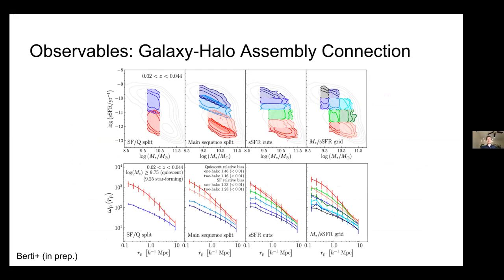So the summary of this, if you look at, say, the second column, is if you split galaxies in the main sequence, those that are more highly star-forming versus slightly less star-forming have different clustering. Or if you go to the third column or the fourth column, if you split and dice in different ways, no matter how you split, you always find that there's a difference in clustering within the main sequence at fixed stellar mass or parallel to the main sequence, and so on.